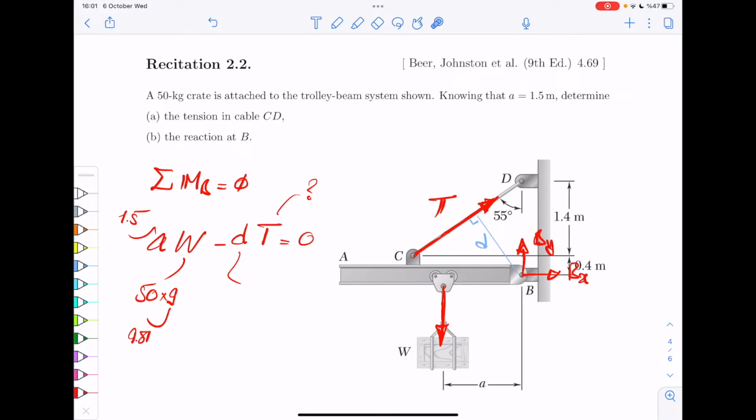So if you just look at this triangle, D would be 1.8 times sinus of 55, right?